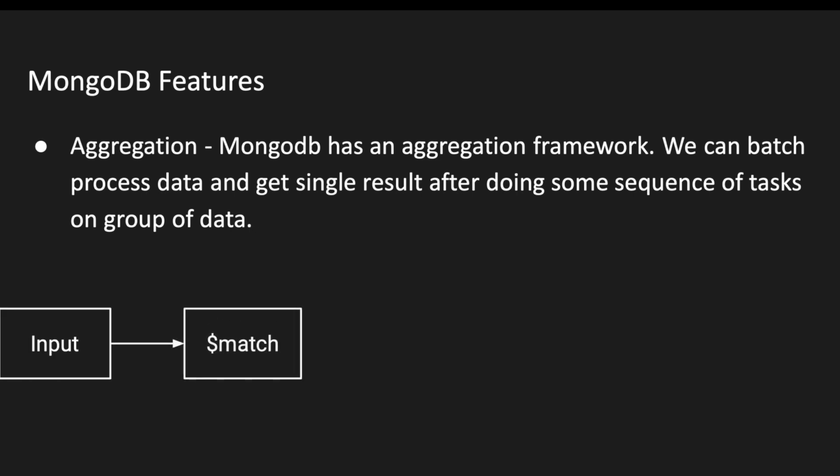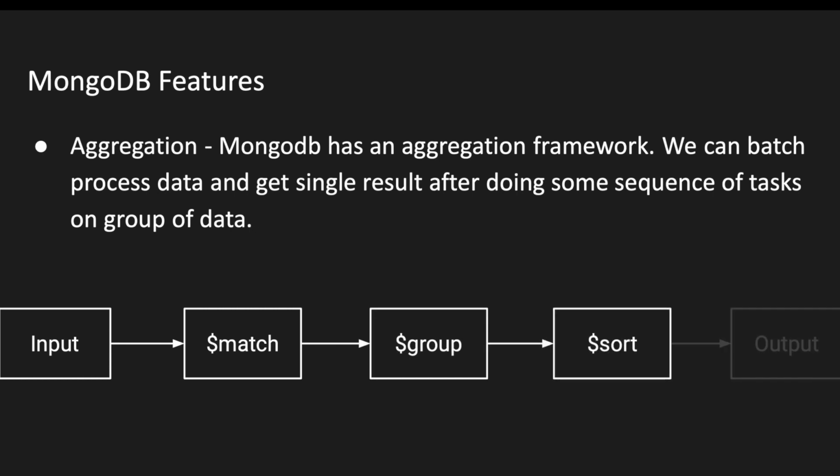As shown in the below diagram, with this framework we provide the input, then we do some operations on it like match, group, sort, etc., and we get output as a result. Again, if we want, we use this result to perform the next set of operations. So with aggregation we can perform multiple operations on data. We will see a simple aggregation example later in the practical.